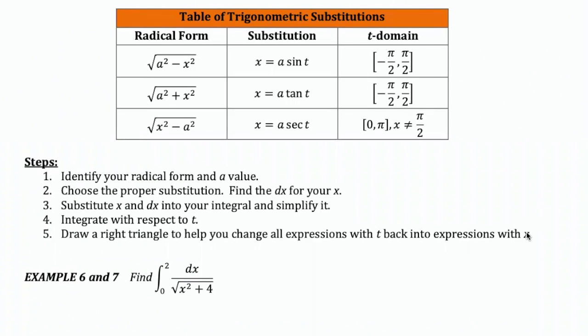And because we're making that variable switch, and this is going to at times involve using inverse trig functions, technically you have to be mindful of the proper t domain, and you should only allow your integral to take on those values. In practice, in terms of what you do to integrate, it does not change anything.